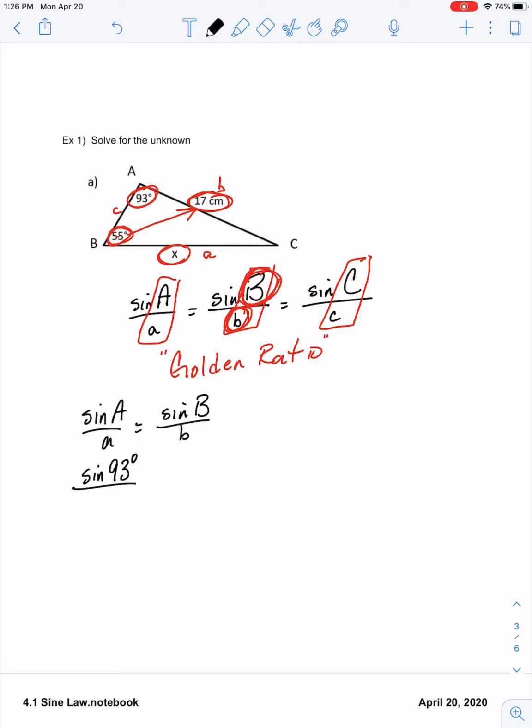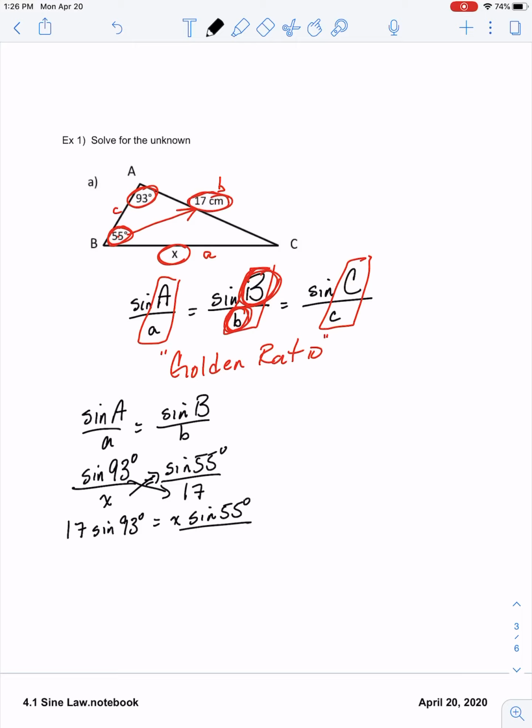Over A, we don't know, it's called X, equals sine of B, so that's the sine of 55 degrees, over side B, which is 17. Okay, so now we're going to cross multiply. So 17 times the sine of 93 degrees equals X times the sine of 55 degrees.